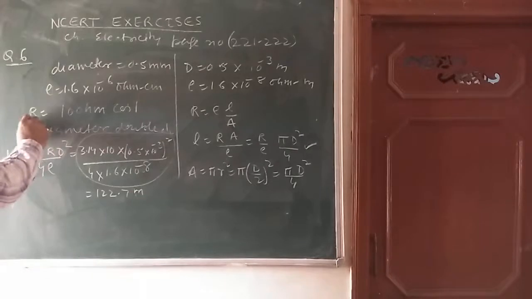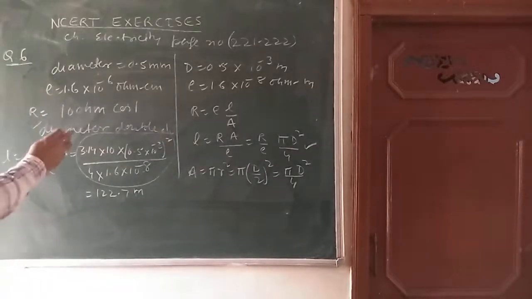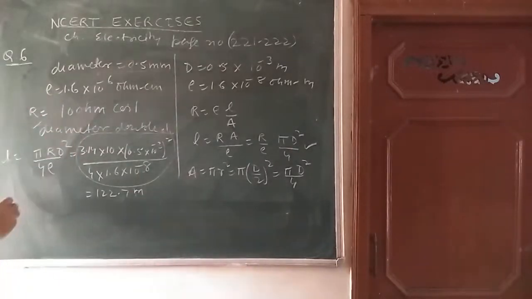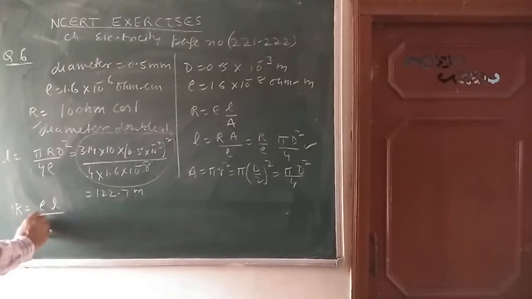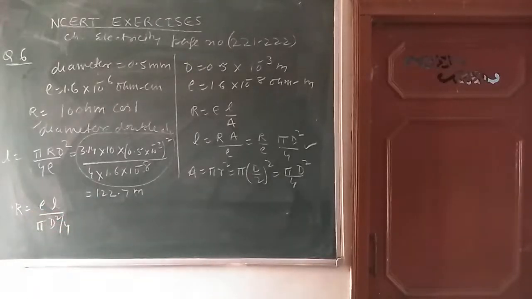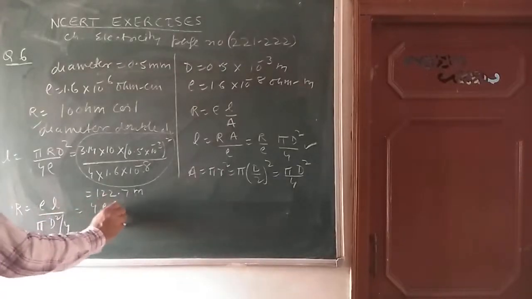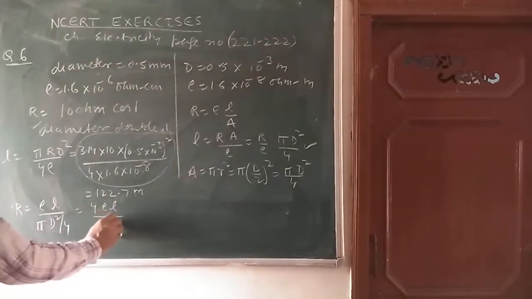One more question in this question is, when the diameter is doubled, then what will be the resistance? Our formula for the resistance is rho into L divided by pi D square by 4. So that is 4 rho L divided by pi D square.